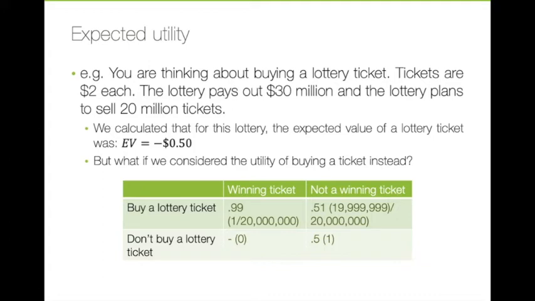And then here I'm going to give you a reasonable number for the utility of each outcome. We're going to use a scale where utility, like probability, must be between 0 and 1, where 0 is your worst outcome relative to this decision, and 1 is your best outcome relative to this decision.